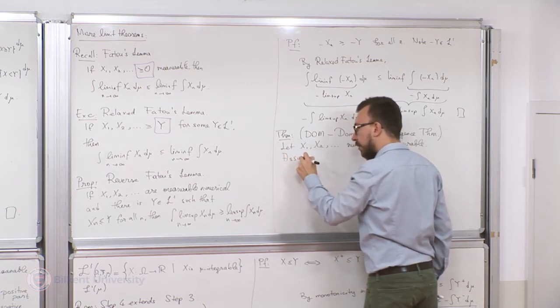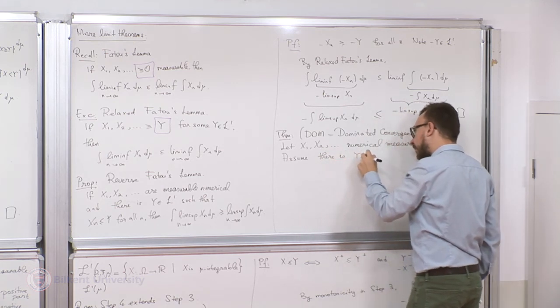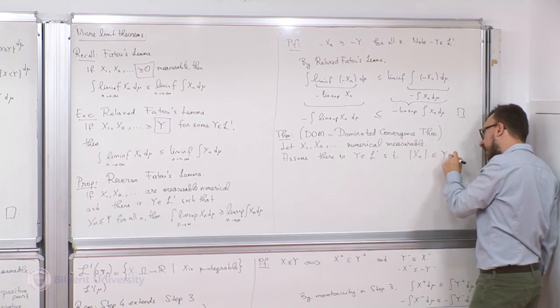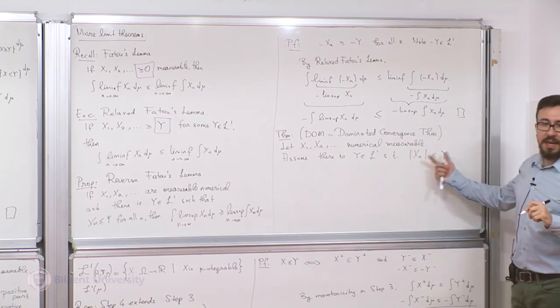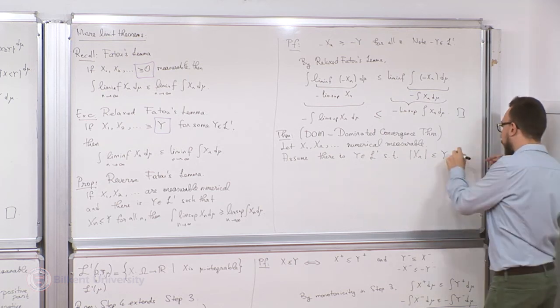Assume there is y, which is integrable, such that xn is less than y in absolute value for all n.